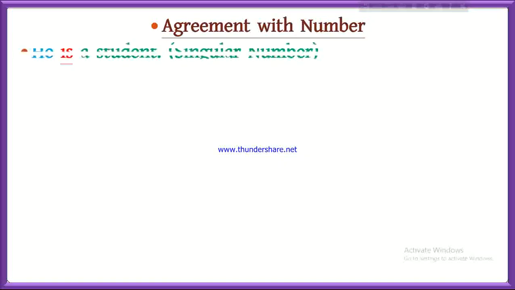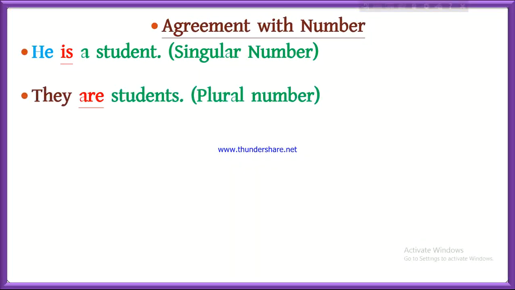Okay, now let us see the last agreement, with number. Here we can see he is a student. Here he is singular number. But in the next sentence they are students. Here they is plural. With the changing of number, the verb changes.